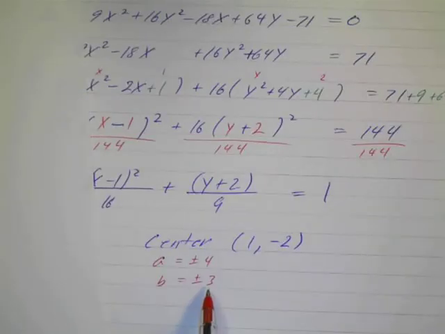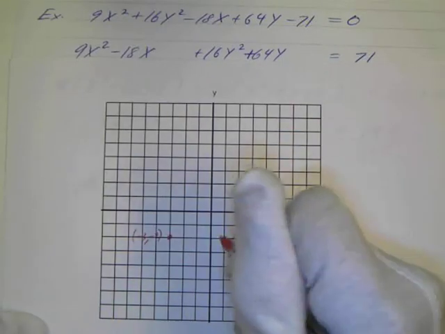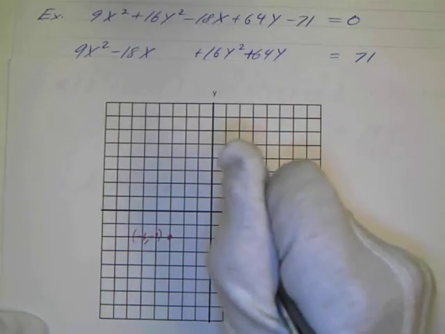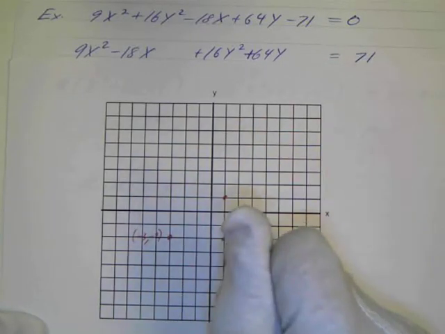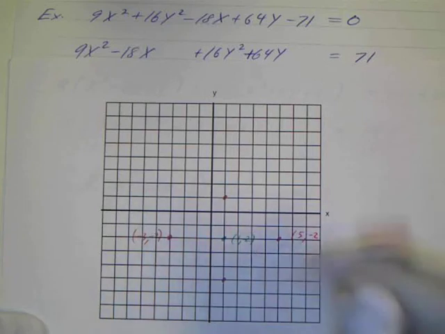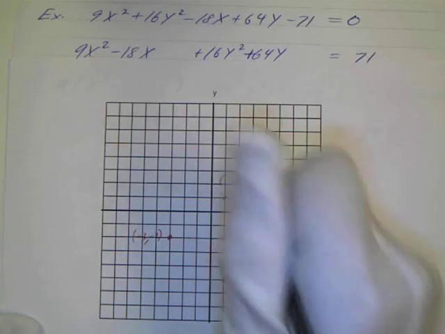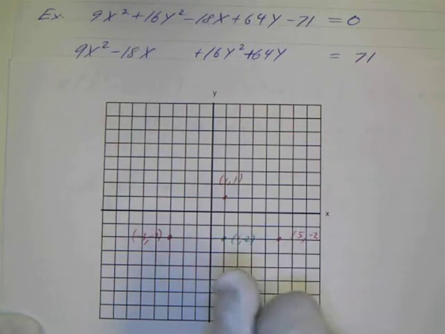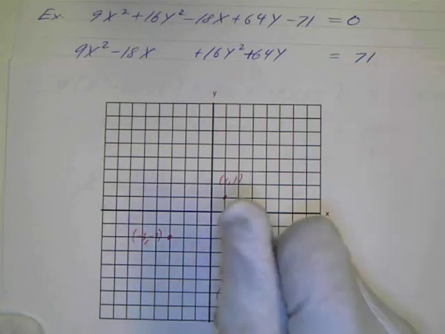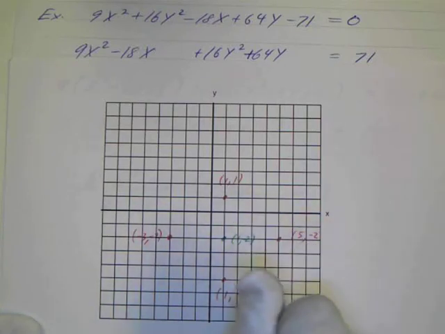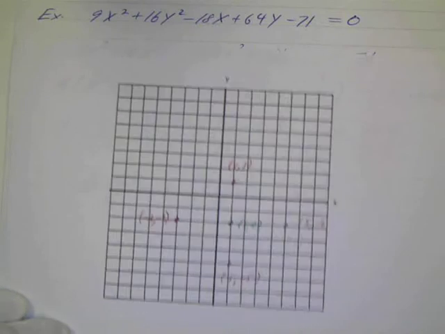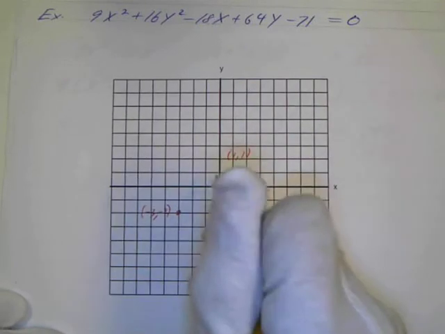And then my b was plus or minus 3, so I'll go up 3, 1, 2, 3, and down 3, 1, 2, 3. And this point is 1, 1. And this point is 1, negative 5. And then you connect those and you've got your ellipse.